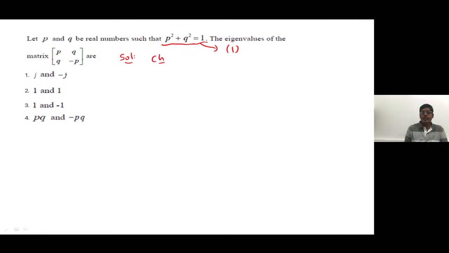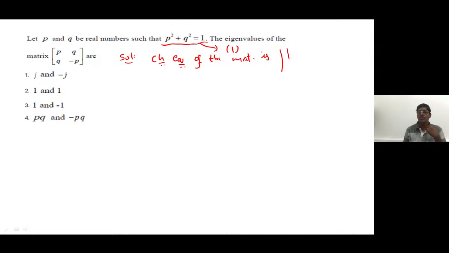Now characteristic equation, CH means characteristic, EQ means equation, MAT means matrix, of the matrix is determinant of A minus lambda into I is equal to 0, where A is the given matrix, I is the corresponding 2 by 2 identity matrix, lambda is the eigenvalue. So that A minus lambda I is directly obtained from subtracting lambda from the diagonal elements of the matrix only.